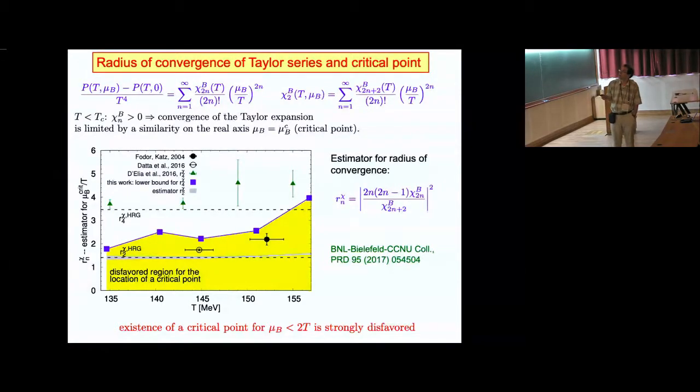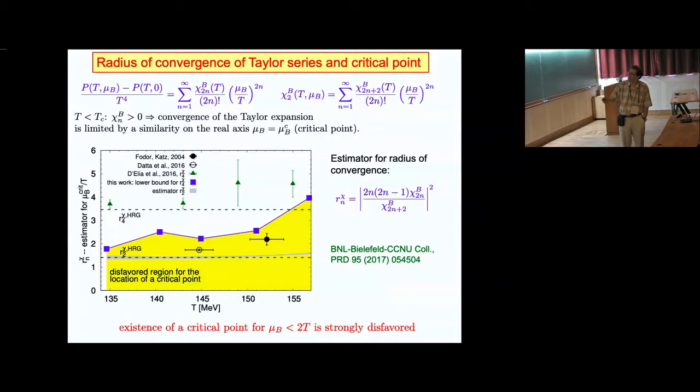Now, of course, if you estimate the radius of convergence, you could do it either in terms of the pressure or in terms of the baryon fluctuation itself. So you could provide different estimators. Here is one possible estimate of the radius of convergence. This estimator has been evaluated on the lattice, but because it's dominated by the sixth order, which is very noisy, we could just give an upper bound, given in the shaded yellow region.